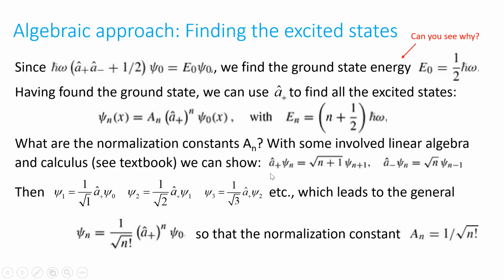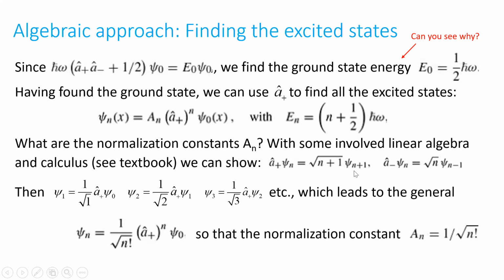Applying it for n equal 1, this would be psi 2, with 1 plus 1 giving the square root of 2. So psi 2 would be equal to 1 over the square root of 2 times a plus psi 1. You can maybe start to see the pattern.